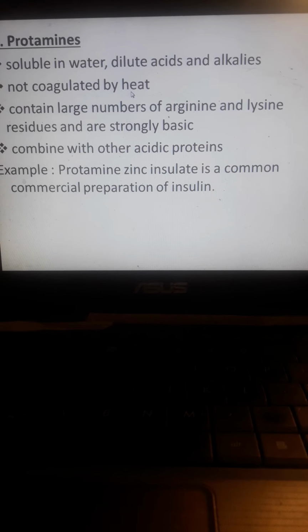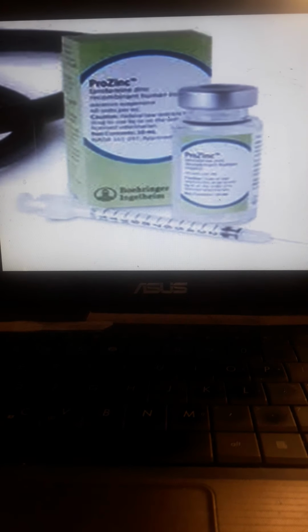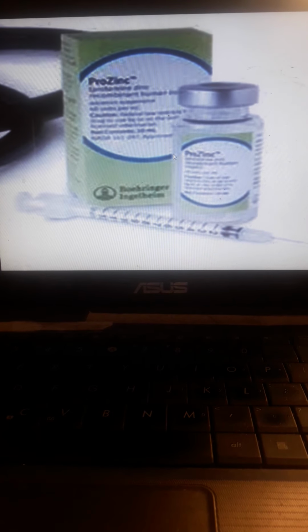They are not coagulated by heat, meaning if you heat this one, it will not coagulate or form a precipitate. They contain large numbers of arginine and lysine residues, which are strongly basic, so they combine with other acidic proteins. Protamine zinc sulfate is a common commercial preparation of insulin, used for the treatment of diabetes.